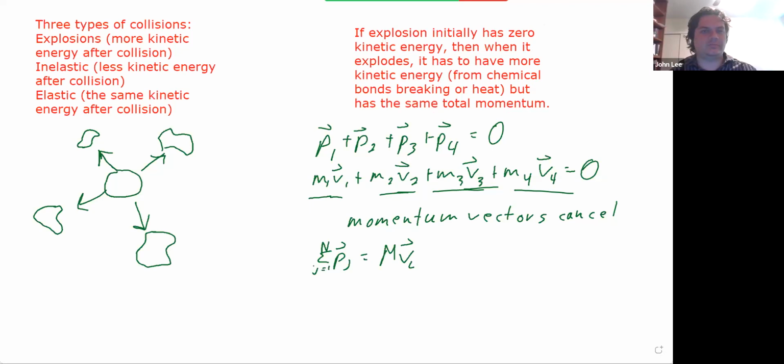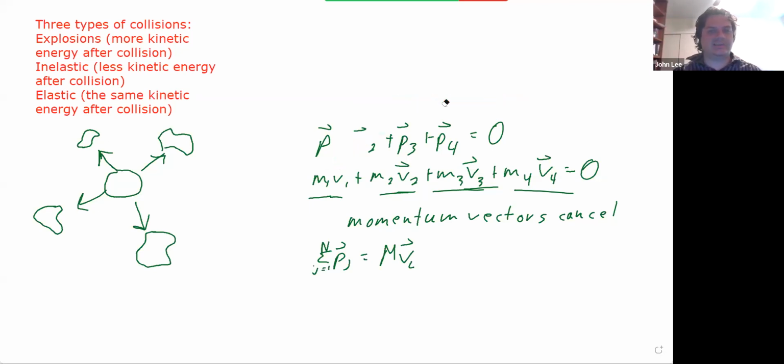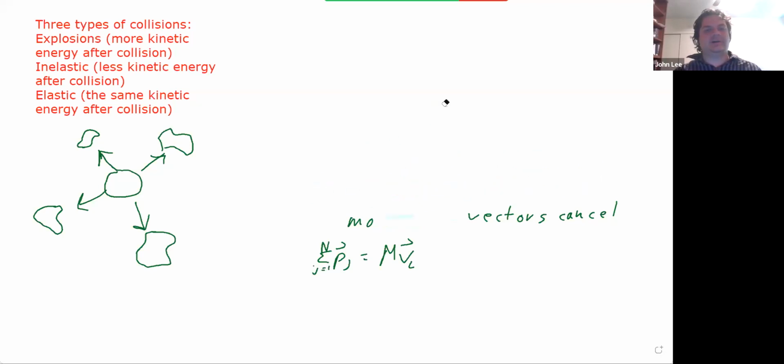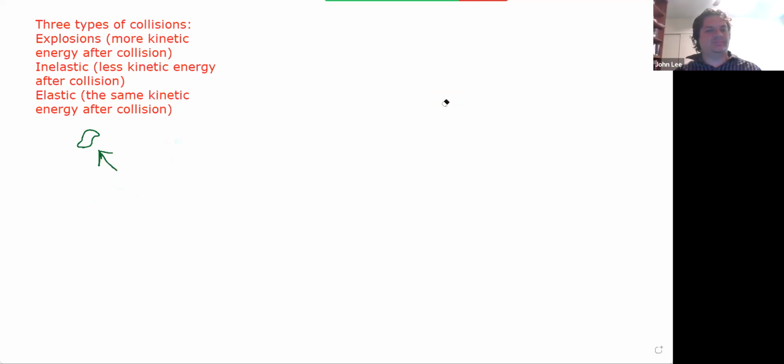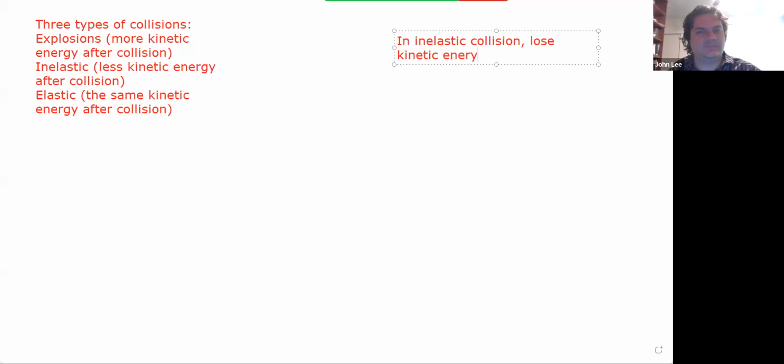An inelastic collision is a collision where the objects moving lose kinetic energy, but they still have the same momentum.